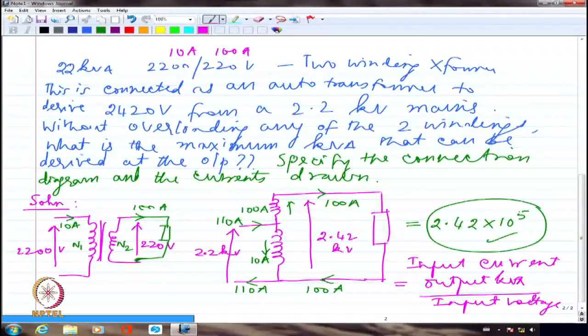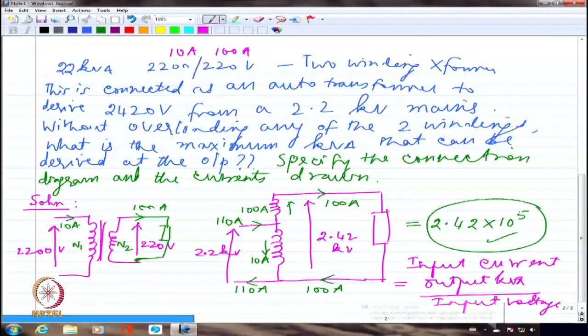They have been connected in such a way that you are essentially making the 220 volts look like it is put on the top of 2200 volts. So 2200 volts plus 220 volts together is supplying the load, and together it is giving you basically 2420 volts at 100 amperes itself, right?